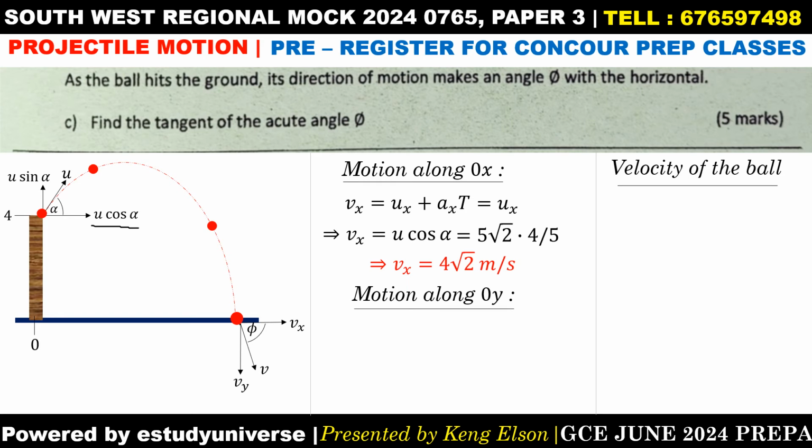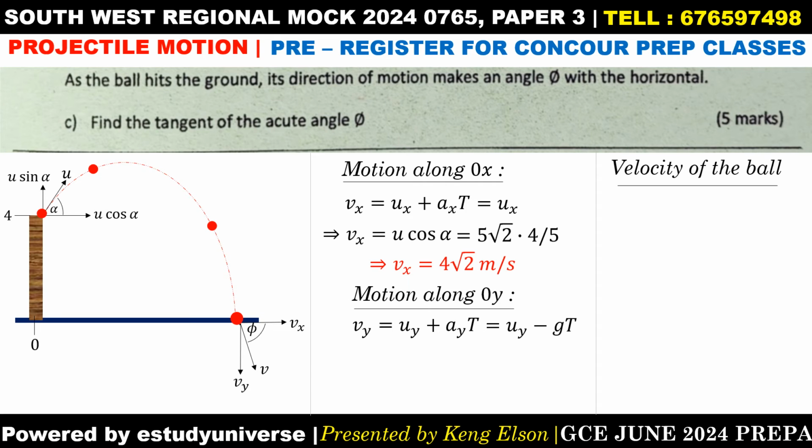Now let us analyze motion along OY, and we find the final velocity of the ball in the vertical direction. Clearly, since it is pointing downwards, it has to be negative. So Vy will be equal to Uy plus Ay times T, but we know that Ay is negative G, so we have Uy minus GT.